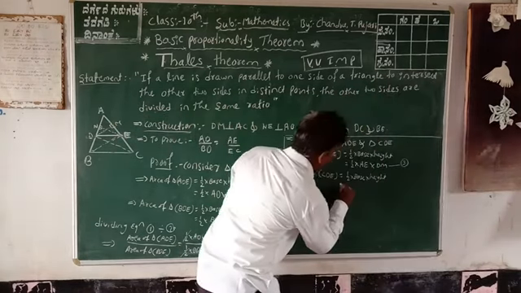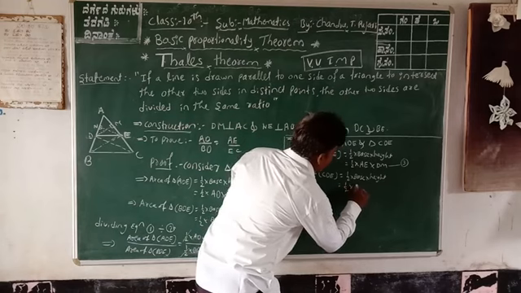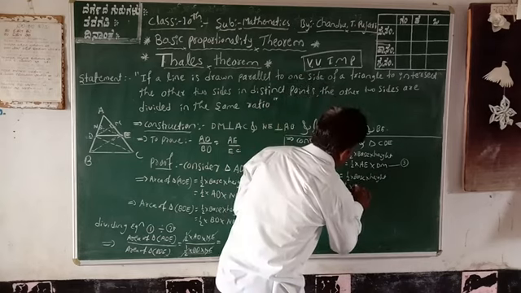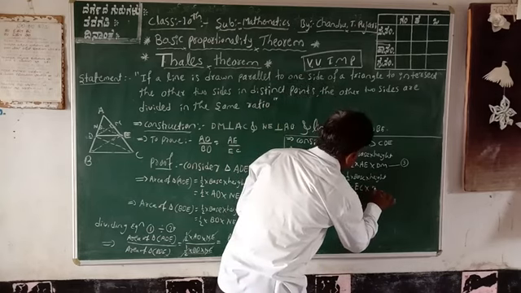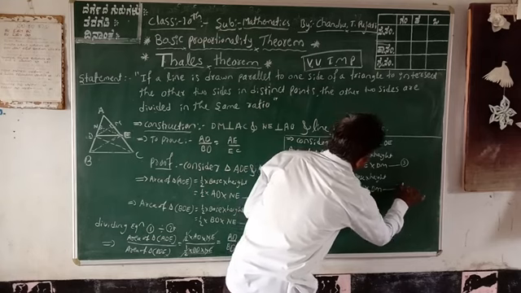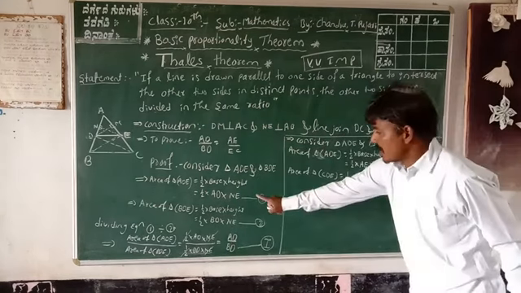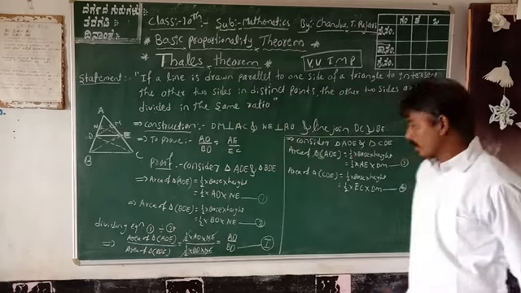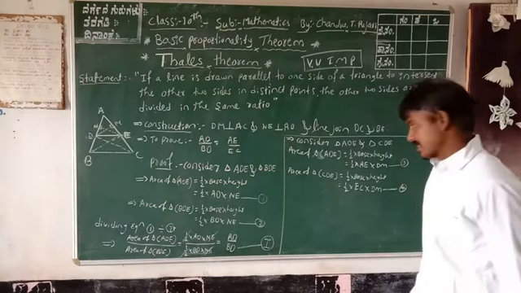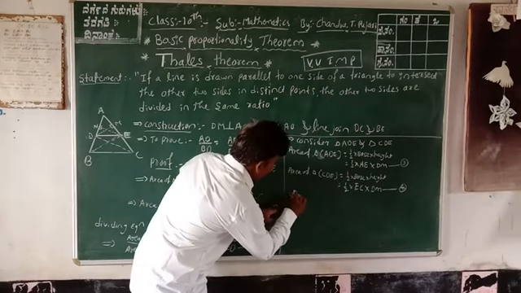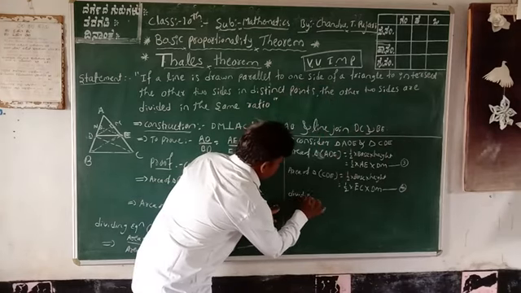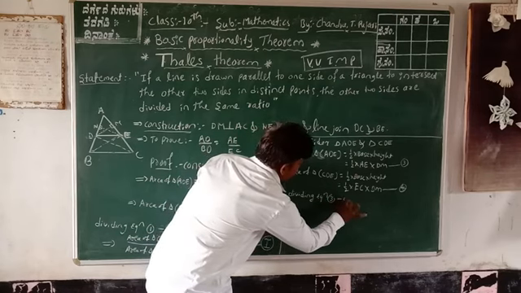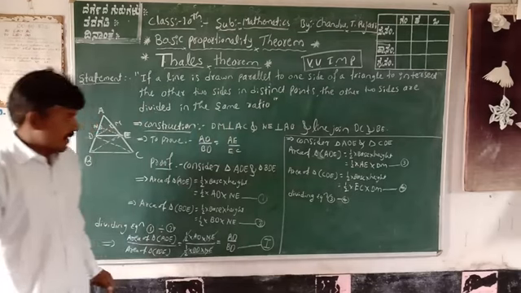Therefore, 1 by 2 into EC into DM is equation number 4. Again, like equations 1 and 2, you can divide equation 3 by 4.